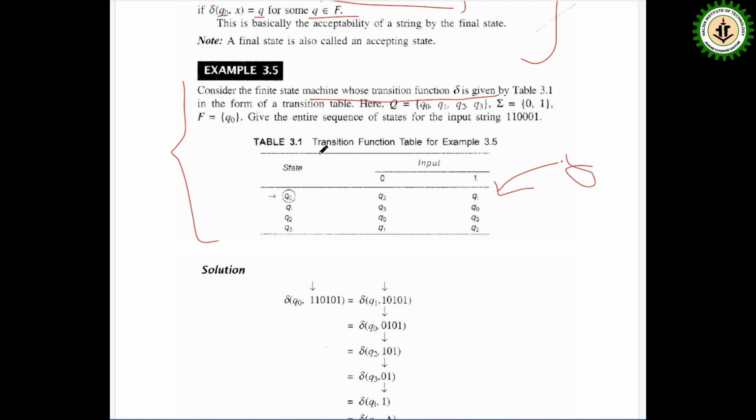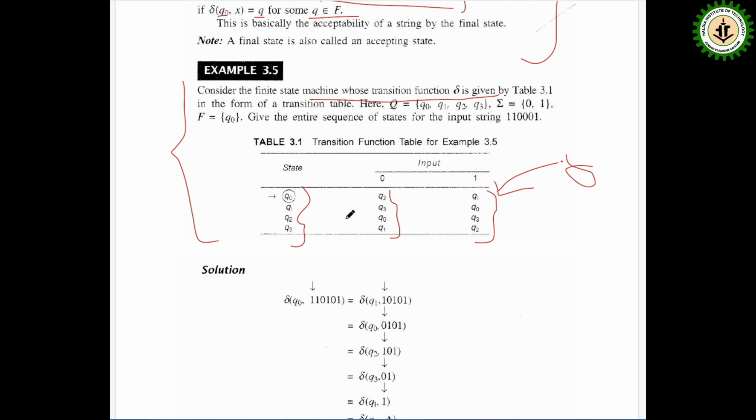From the table, we can see that the number of states is 4: Q0, Q1, Q2, Q3. The initial state is Q0 and the final state is also Q0. So Q0 is the initial state as well as the final state. Using the two different inputs 0 and 1, we can get the different states of the machine.